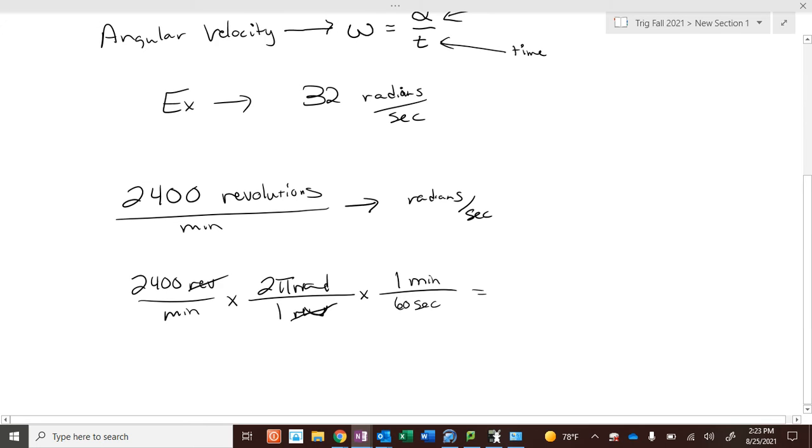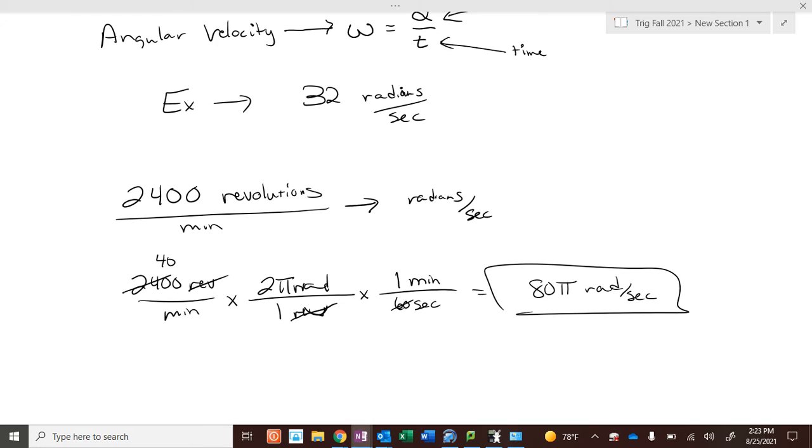So if we do the math, I know 2400 goes into 60 40 times. So 40 times 2 pi is 80 pi radians per second. 80 pi radians per second. Okay? So that's a unit conversion ratio working with angular velocity. Okay.